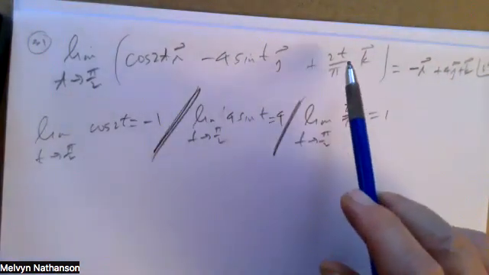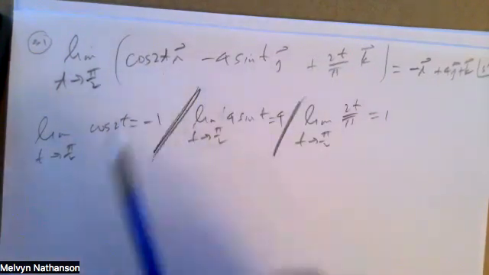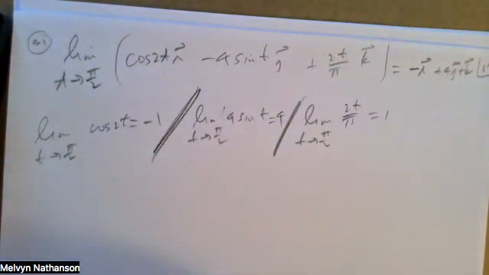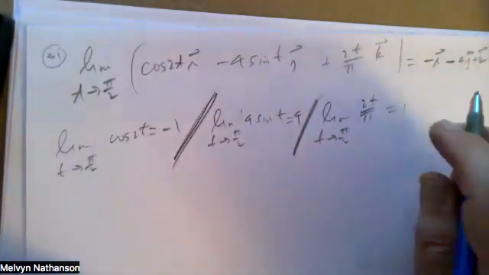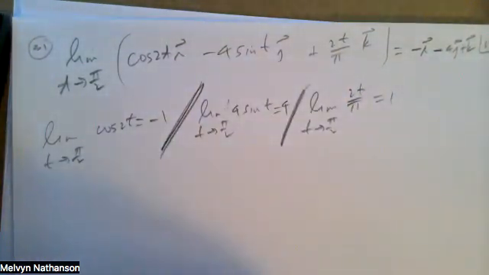As t goes to pi over 2, you just take the limits of each of these coordinate functions. Any questions about this?